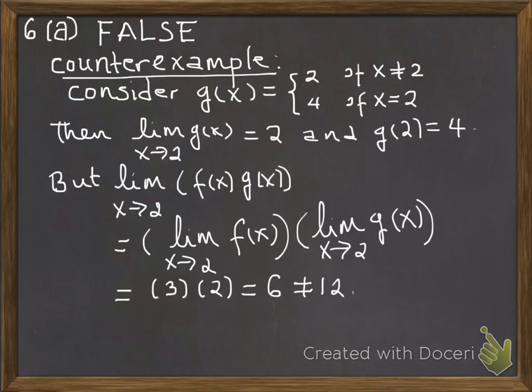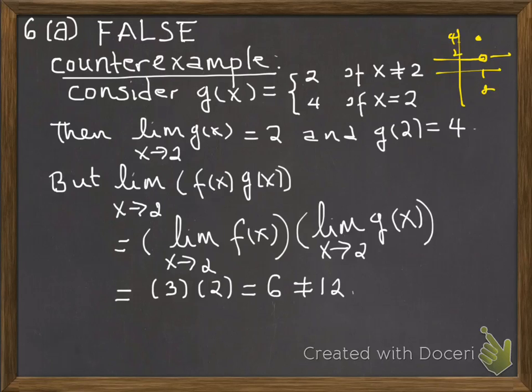I took just a simple function. You see, at 2, it is 4. Otherwise, it is 2 everywhere. This function has a limit at 2, but the limit is different from 4.